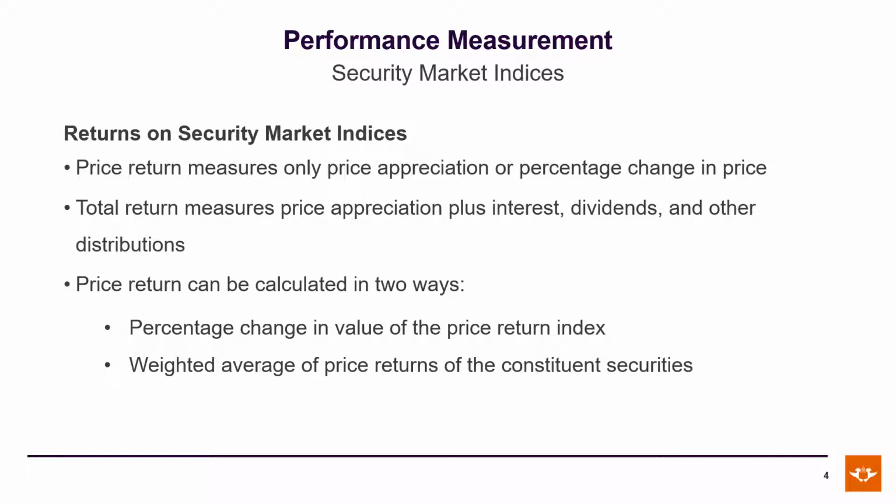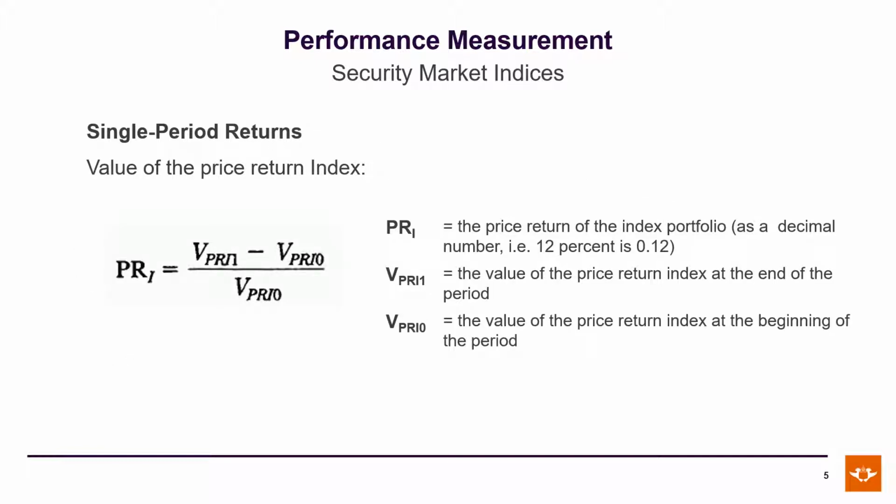Or alternatively, you could look at a weighted average of the price returns of each of the component securities that make up the index. So here we're going to look at calculating the price return of the index by looking at the value of the price return index at the end of a particular period less the price at the start over the price at the start. Sort of a version of the whole period return.